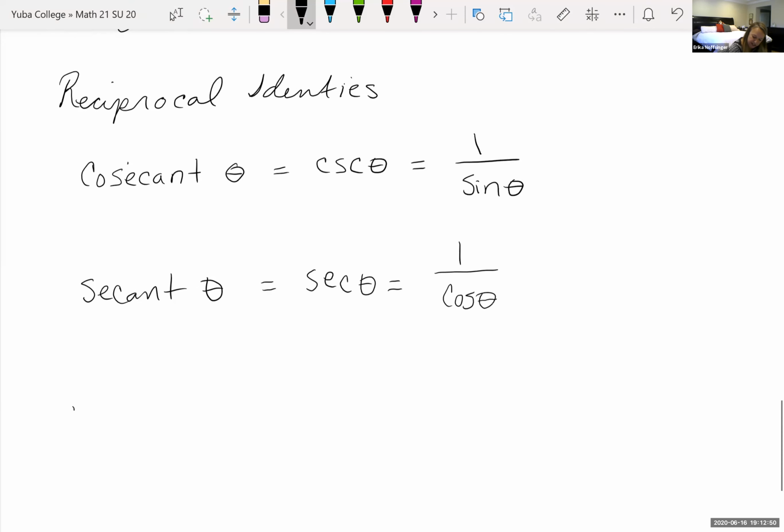And cotangent theta, this is 1 over tangent theta, and the shorthand is COT.